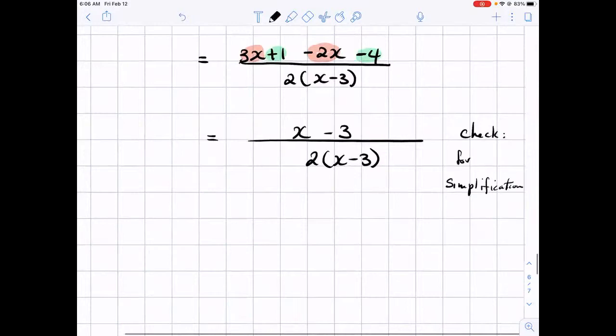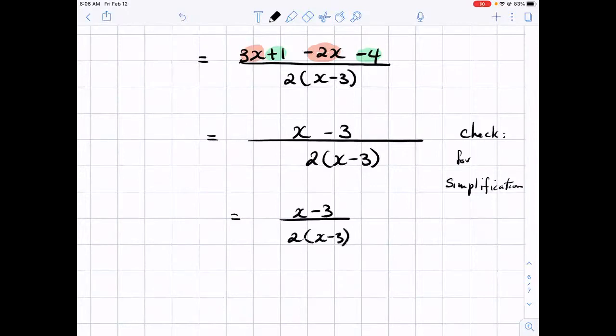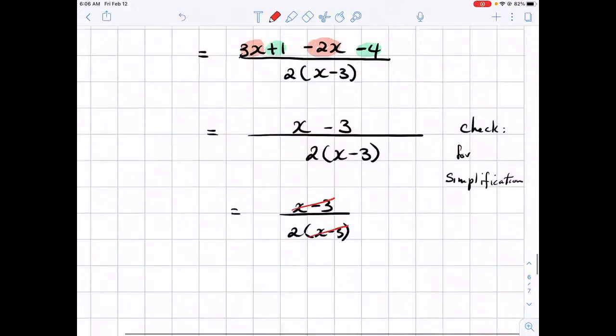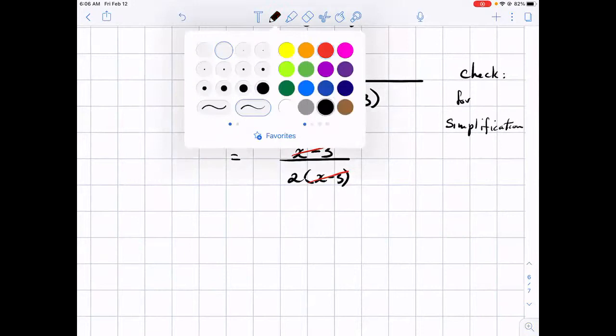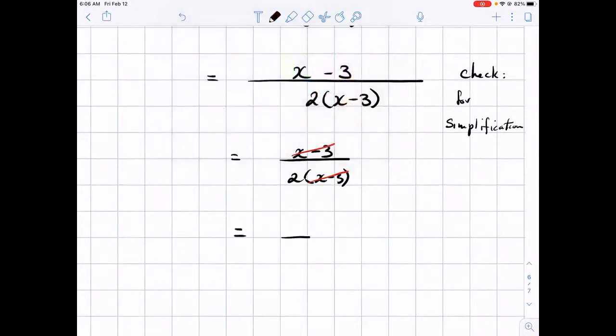So you'll notice that we have x minus 3 over 2 times x minus 3. So this x minus 3 and that x minus 3 can be divided. And remember, your 2 is in the denominator, so it stays in the denominator. And then a 1 stays in the numerator. So our simplified answer is 1 over 2.